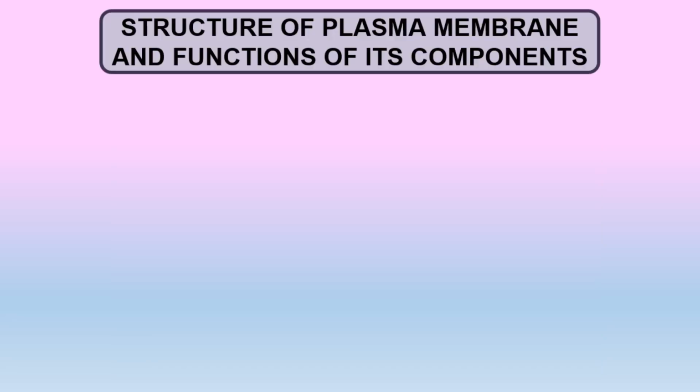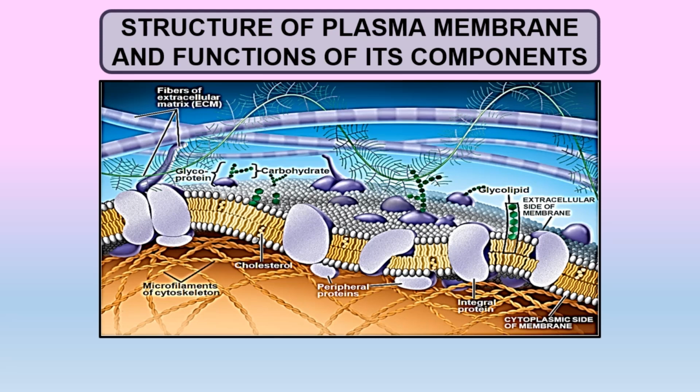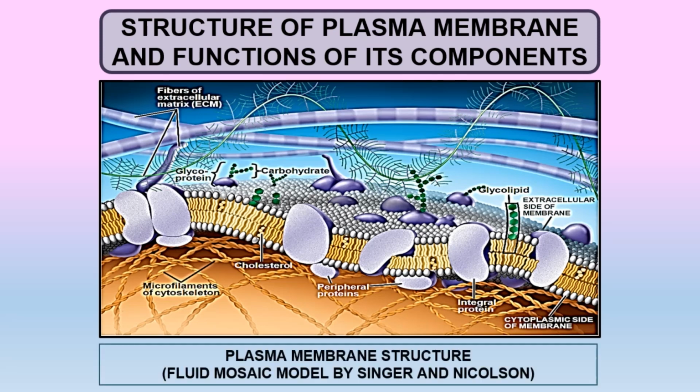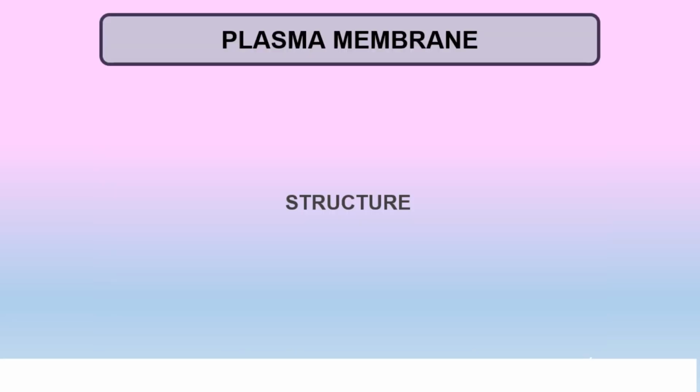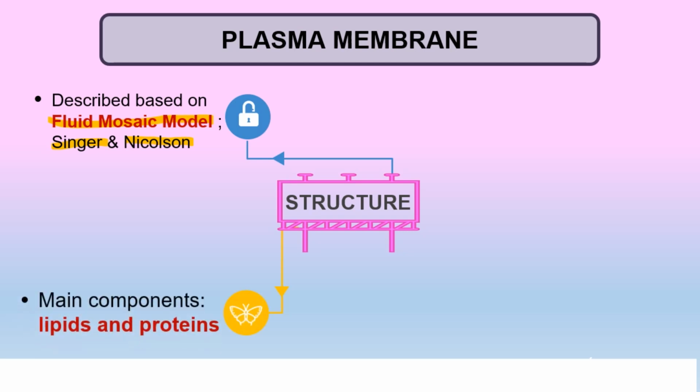Now we go to the structure of plasma membrane and function of its components. This model is named the fluid mosaic model. The structure of plasma membrane is described based on the fluid mosaic model by Singer and Nicolson. The main components of plasma membrane are lipids and proteins.